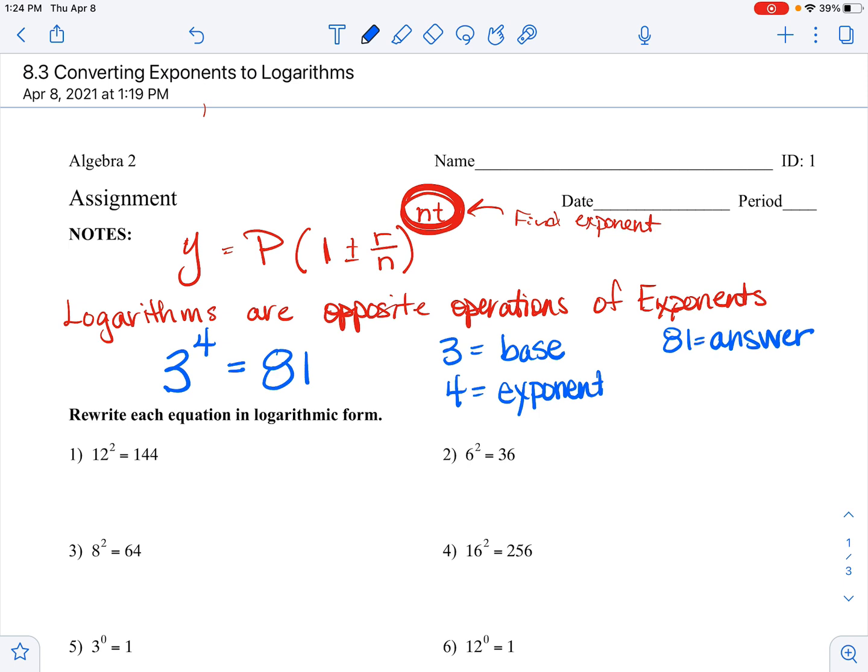Everyone agree with that? I certainly hope so. 3 is the base, 4 is the exponent, 81 is the answer. I'm going to rewrite this relationship as a logarithm.